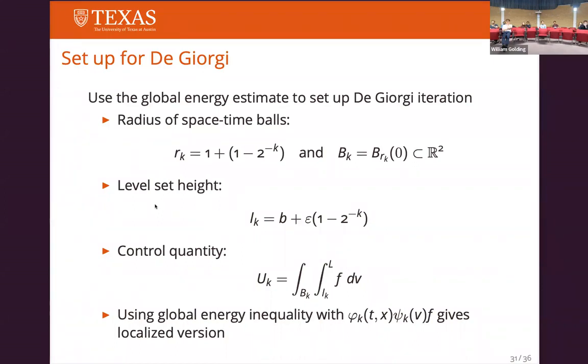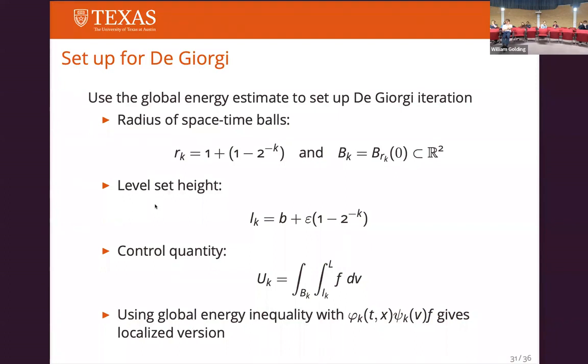I'm not looking at a scalar thing and subtracting off the level set, taking the positive part. What I'm instead doing is looking at the L1 norm over a particular region in this space-time velocity space. And this will be the control quantity.